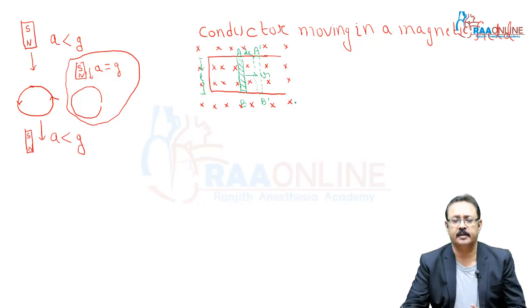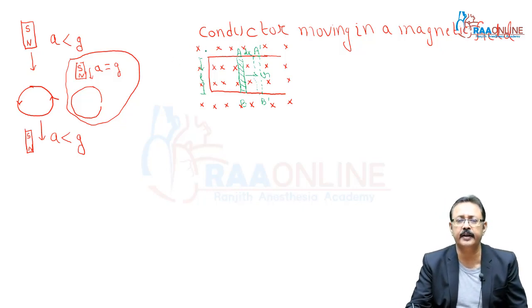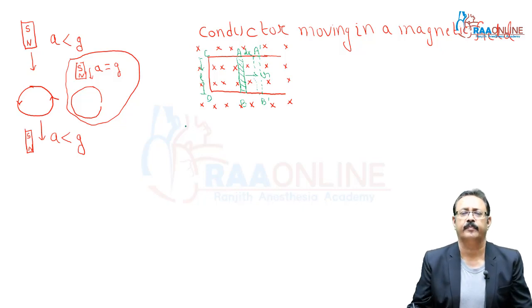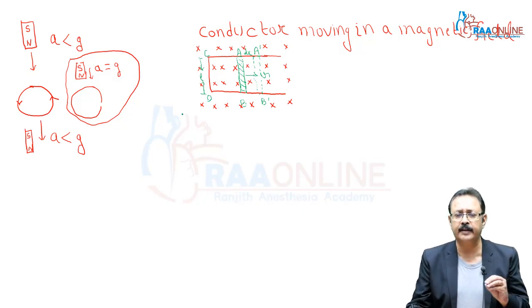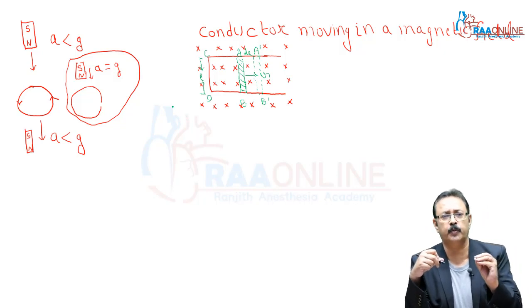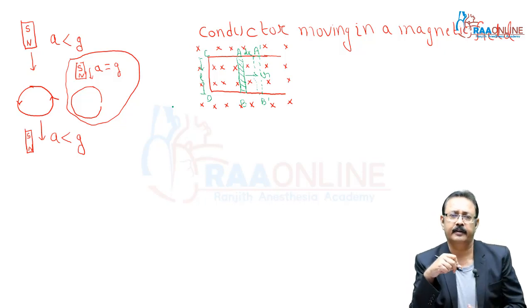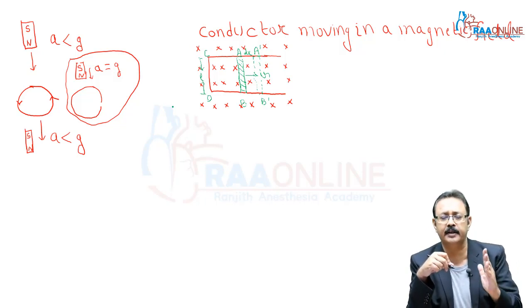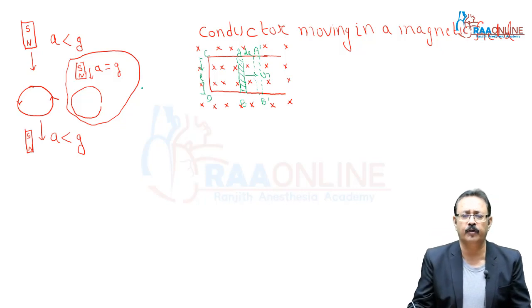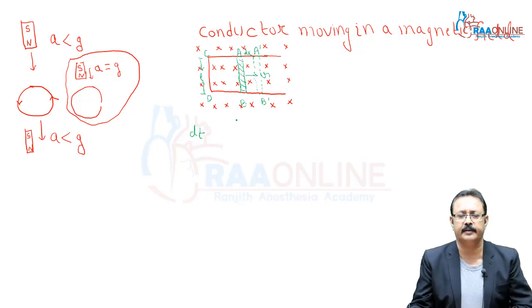What happened to this? Initially it was a closed coil ABCD. Some flux was passing through this portion. But when I move the conductor, the flux is continuously increasing. What amount of flux is increased in the time in which the conductor moved a distance dx? The flux related to this area increased.